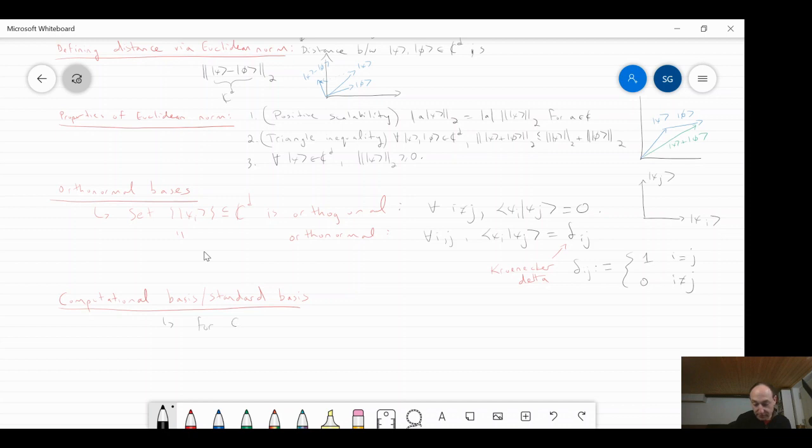So for C^2, or more generally, well, okay, let's start with C^2 in this case. This is just going to be the two basis vectors (1, 0) and (0, 1), right? So assuming you've done linear algebra, you've almost certainly seen this basis before. You just didn't know we called it the computational basis. And intuitively, you should think of this basis vector as representing bit 0, and this one bit 1. Okay, that's ultimately where this is going to go.